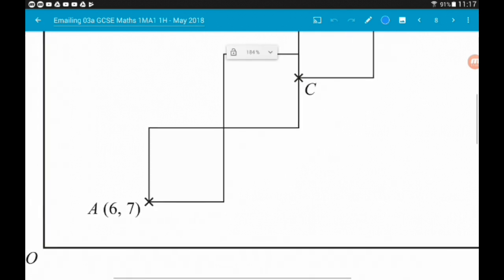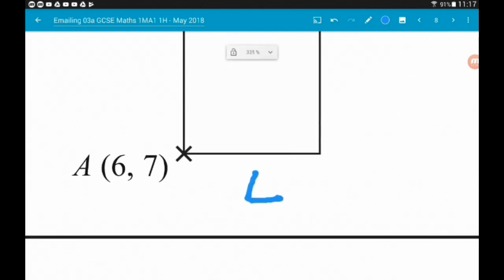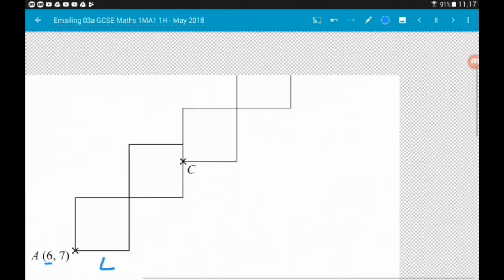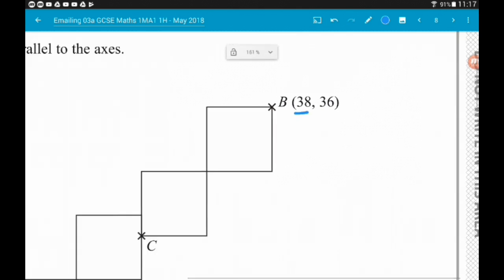So if we call the side length of the square L, then we're going to think, how do we get from this x coordinate of 6 up to this x coordinate of 38.